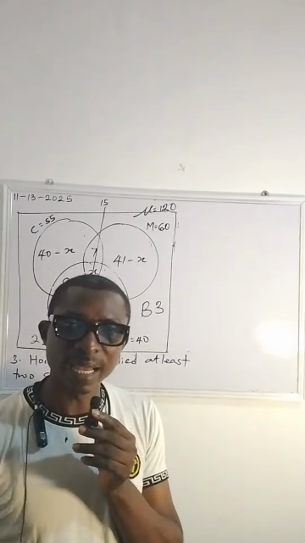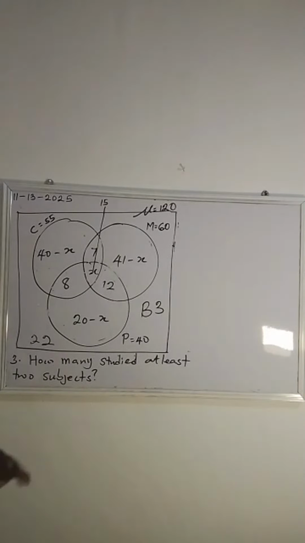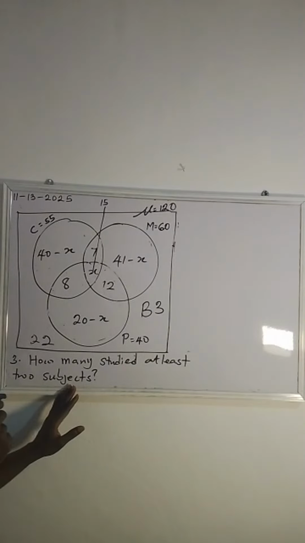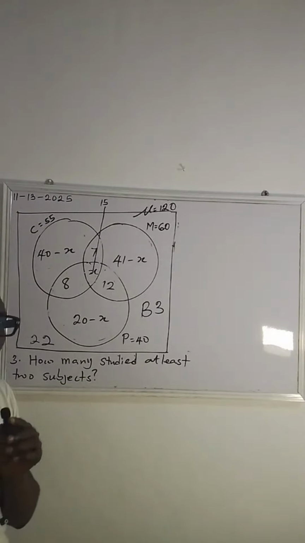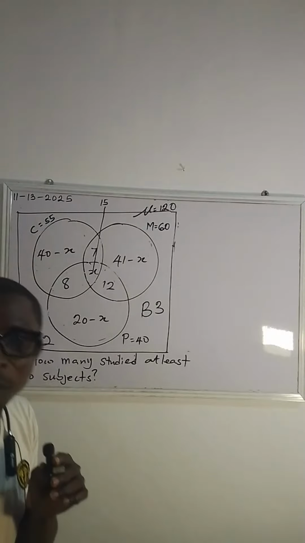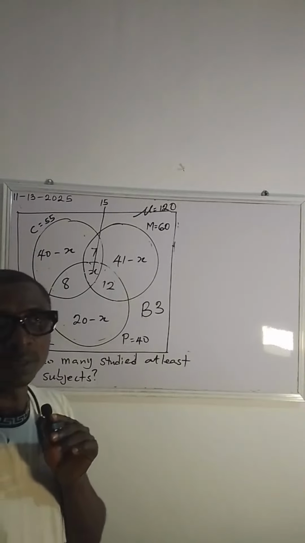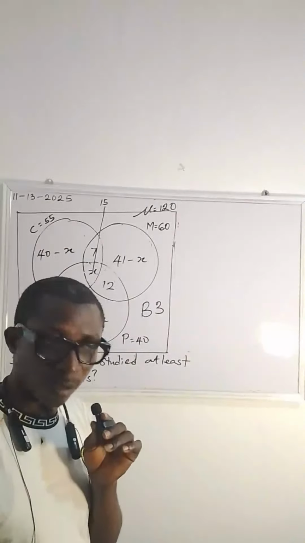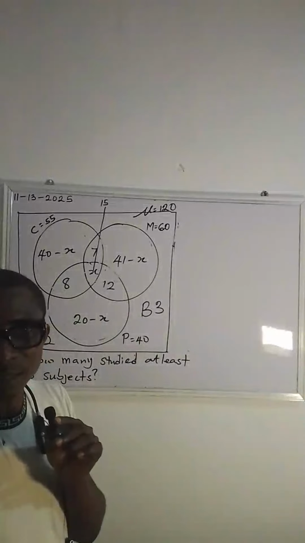Now let us relate that to our question here. The question says: how many students studied at least 2 subjects? That is the number of students that study 2 subjects or more. Just like when I discussed the money earlier, even if you bring 1 million to class, you are still in order.